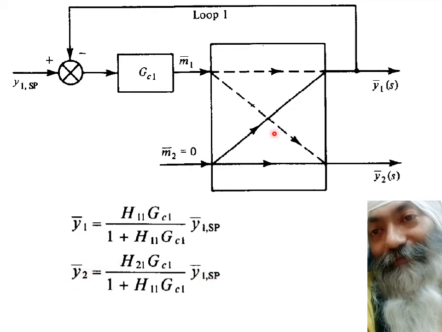This is because of the interaction. See, this was the effect of upper loop on upper loop itself, and this is the effect of input in the upper loop to the output of the lower loop because of the interaction.